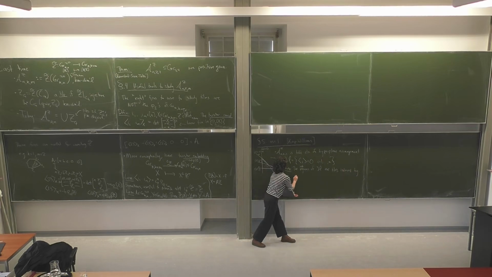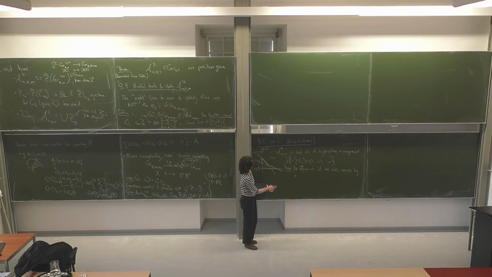One is to record which side of each hyperplane this region is on, so the region is associated to a sign vector.